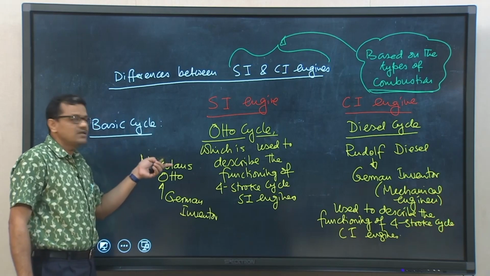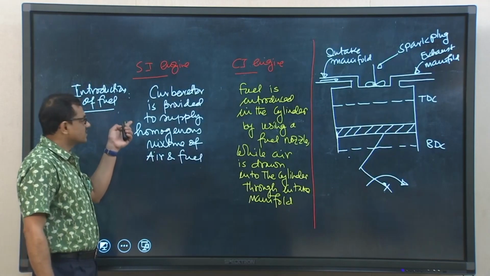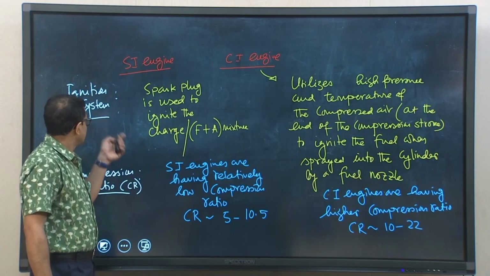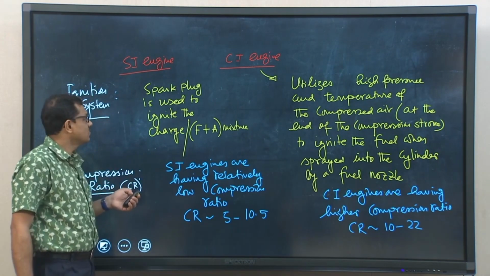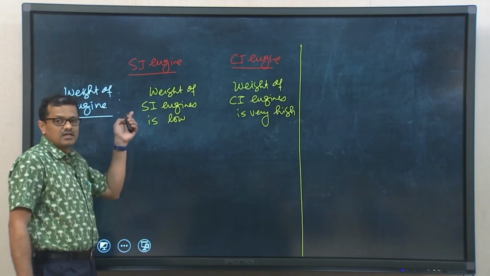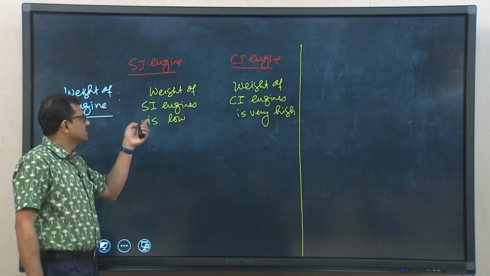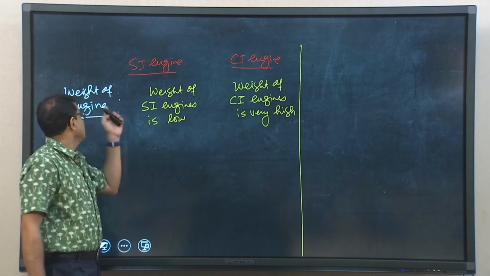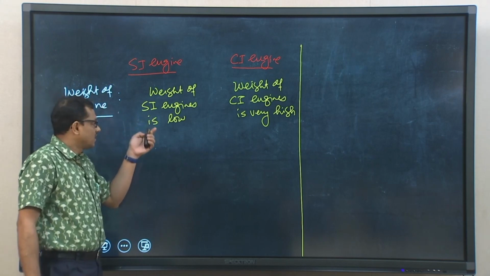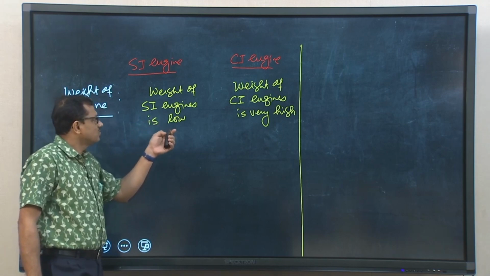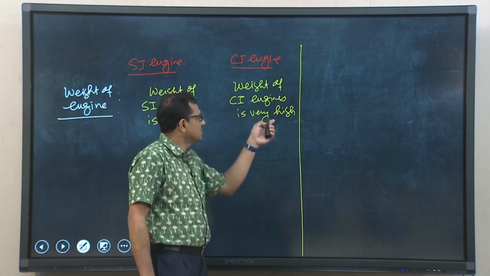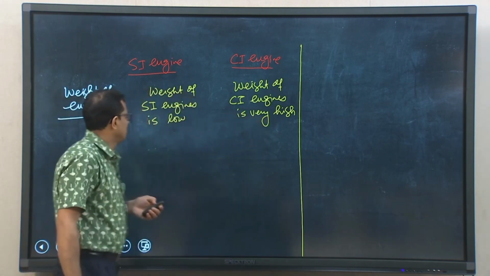One is the basic cycle, another is the introduction of fuel, third one is the ignition system, fourth is the compression ratio, and the last common basis for this comparison is the weight of the engine. Now, the last point, weight of the SI engine is low, while weight of the CI engines is very high.